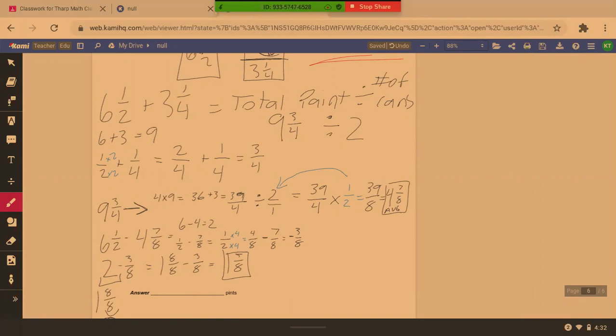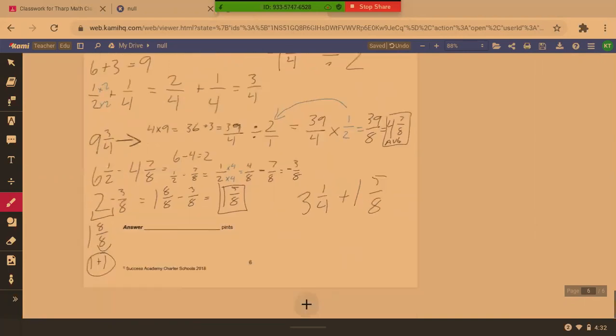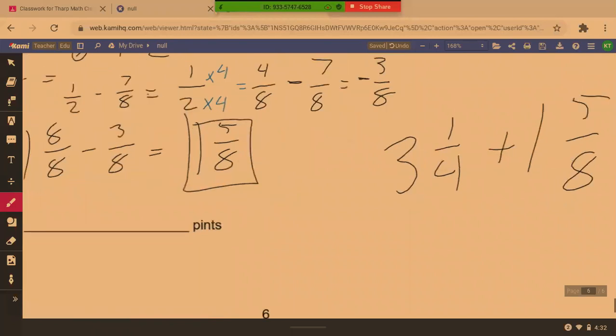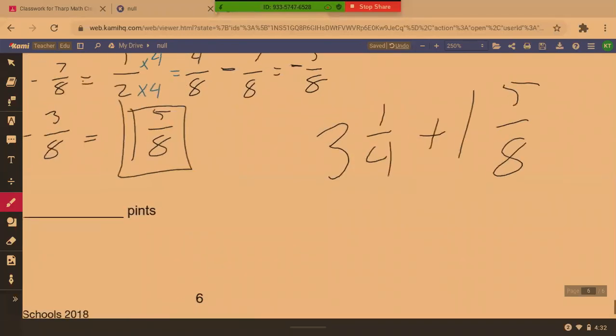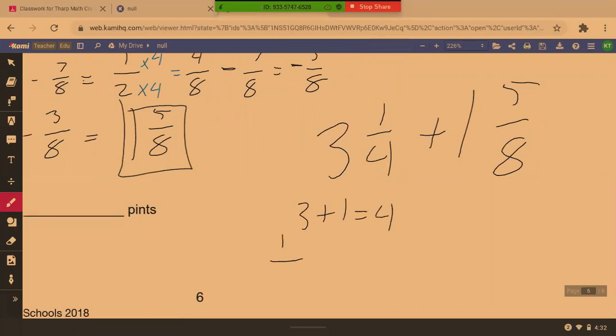But I want to check my work. So 3 and 1/4 plus 1 and 5/8. Let's do that. So I'm going to do the whole numbers first. 3 plus 1 equals 4. Now I'm going to do 1/4 plus 5 over 8.